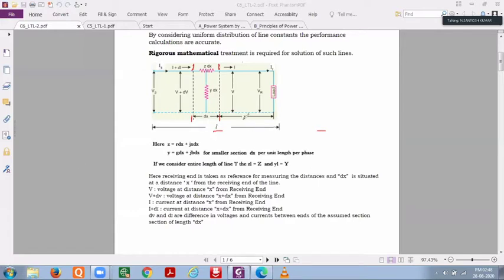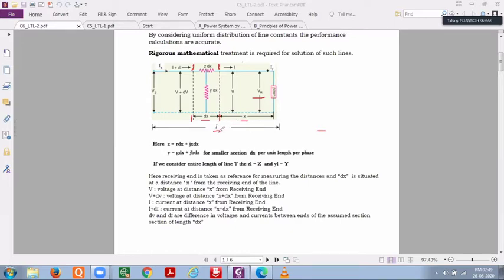We need a reference point, so we take the receiving end as the reference and measure distances from it. This dx section is x kilometers away from the receiving end.